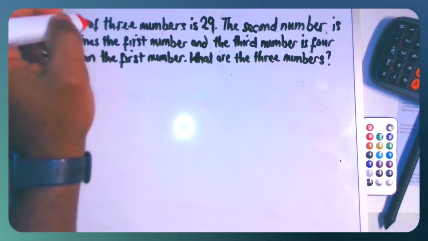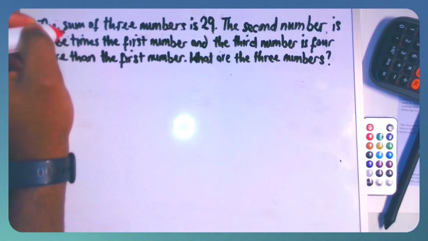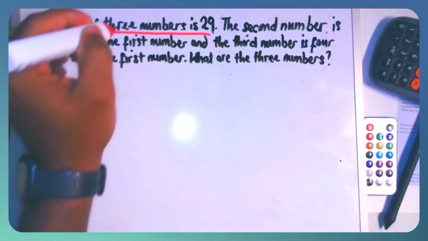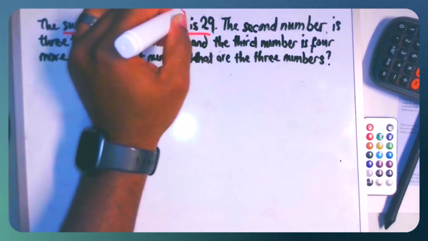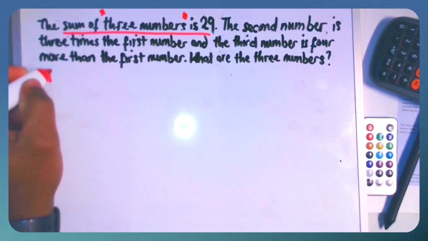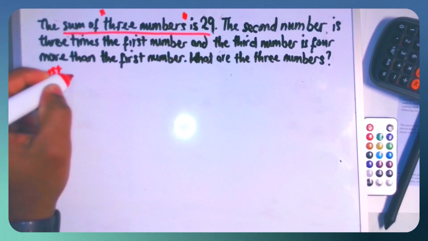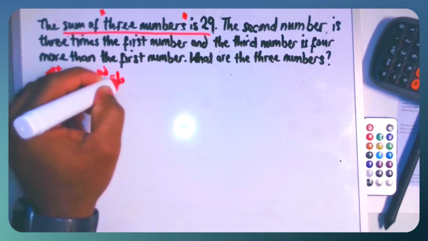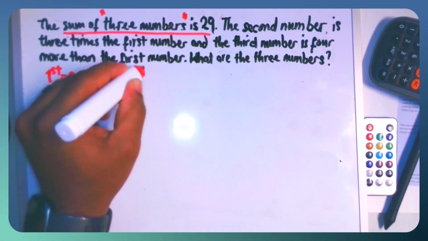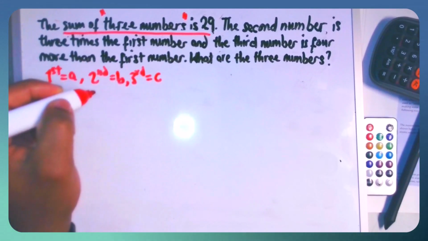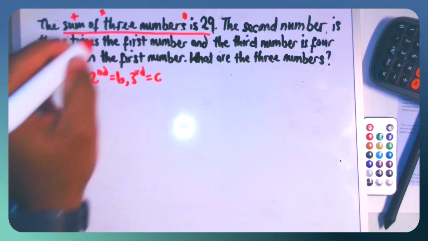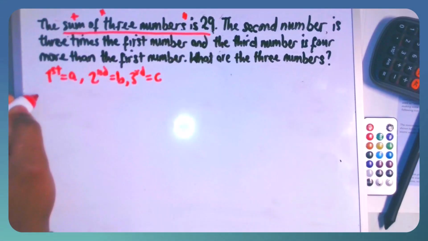So let's begin by first assessing this first statement, which says the sum of three numbers is 29. For the three numbers, we're going to assign letters, which are variables. Our first we assign as A, our second we assign as B, and our third number we assign as variable C. Therefore, for our first statement, the sum means addition, which means that we're going to add all three numbers together.